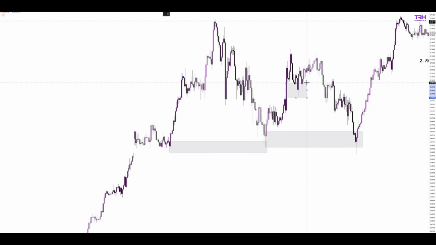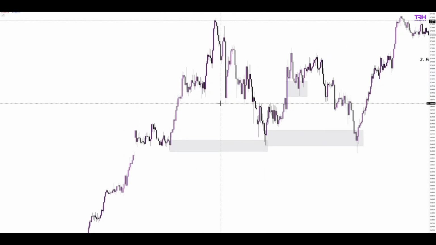You see, after that impulse movement, when price moves too fast, it leaves a fair value gap, and price retreats back into this fair value gap, because basically the gap is from here to here. Then price went up, came back into this area, taps into it, then continues the movement again in the uptrend. That's what a fair value gap simply means.